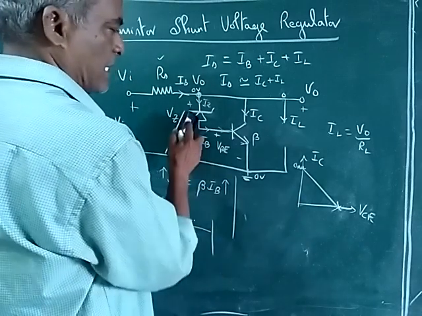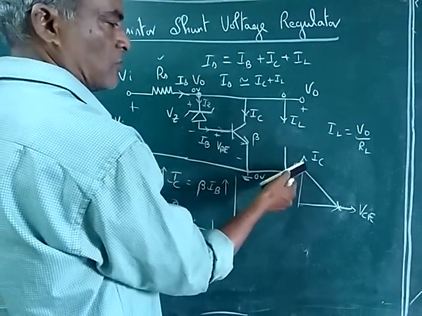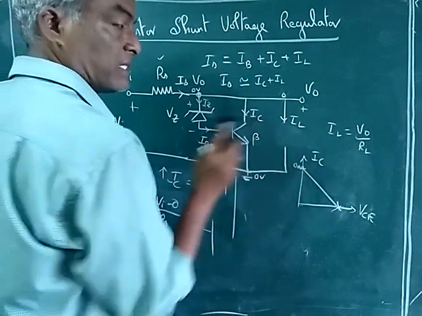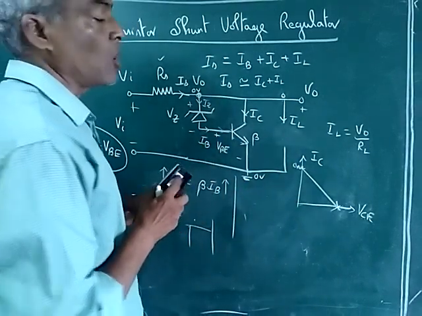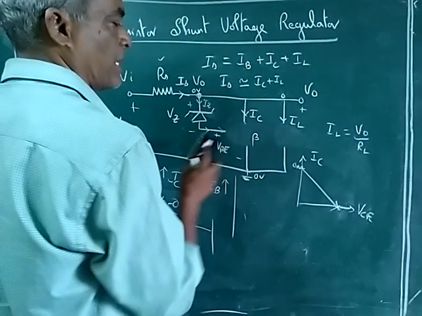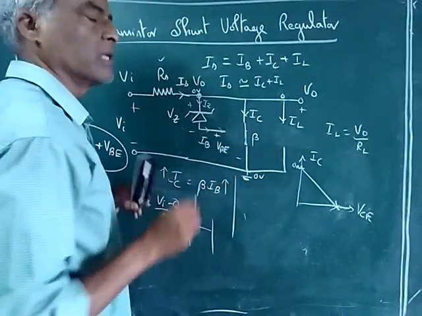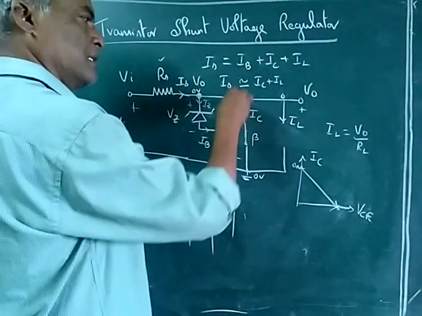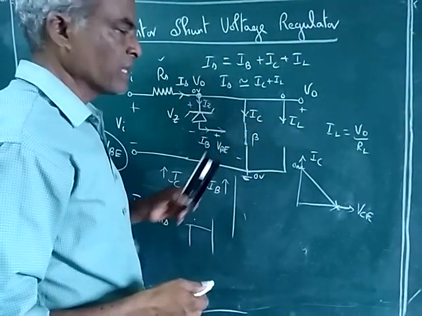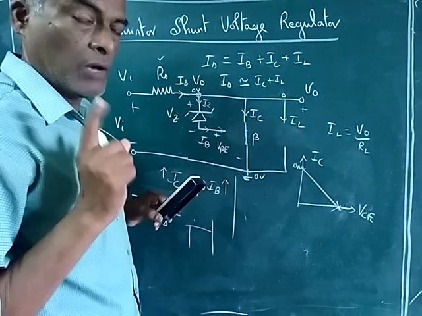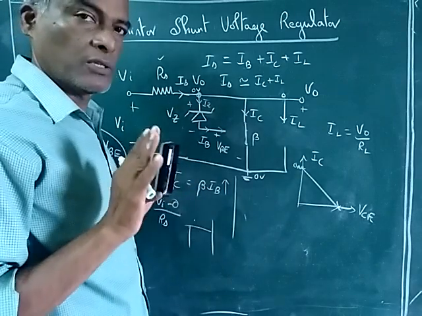So when there is a current IC, the current will be maximum. Here we say the transistor is in on condition. If I say on, you can imagine these 2 points get short circuited. That means the current is carried away by the transistor. Now assume that you don't have a transistor, what will happen?